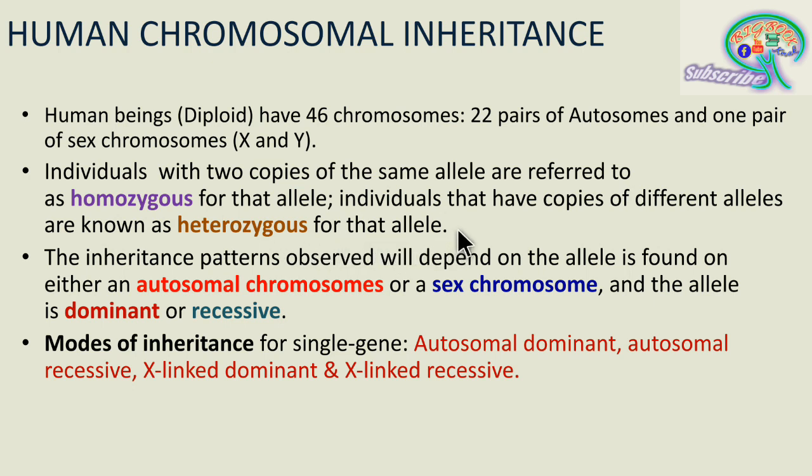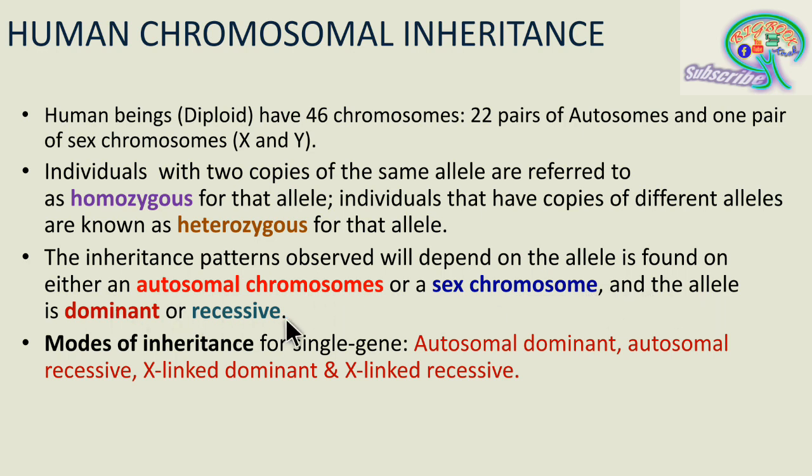I have already spoken about this. The inheritance patterns observed will depend on whether the allele is found on an autosomal chromosome or a sex chromosome, and whether the allele is dominant or recessive.